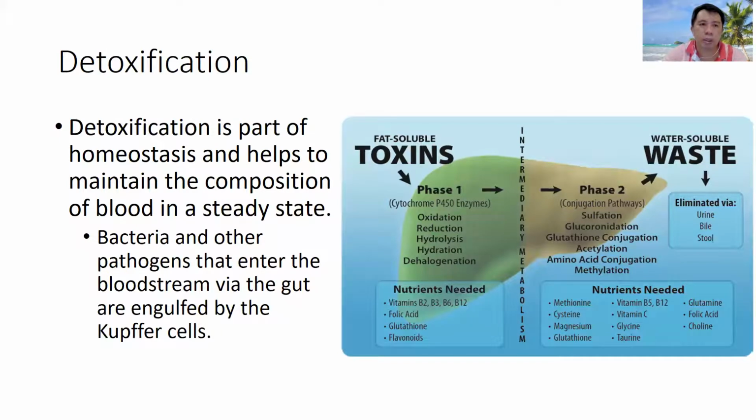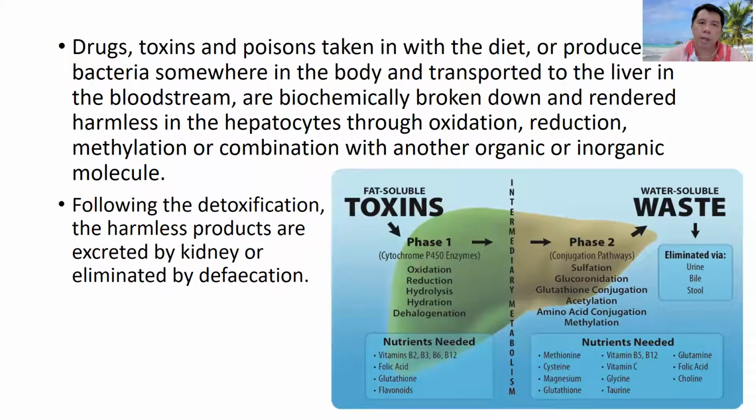Detoxification is a part of homeostasis. Here we just explain briefly. Detoxification in the liver helps to maintain the composition of the blood in a steady state. Bacteria and other pathogens that enter the bloodstream via the gut are engulfed by the Kupffer cells. Drugs, toxins, and poisons taken in with the diet or produced by bacteria somewhere in the body are transported in the blood circulation to the liver.